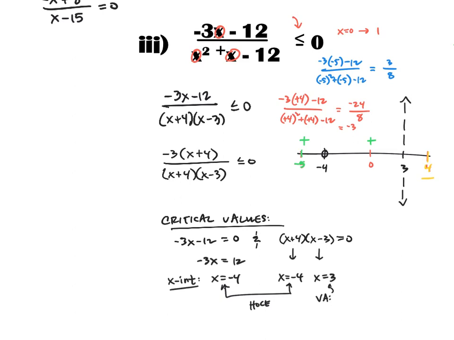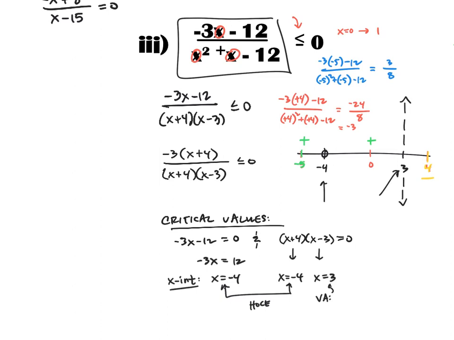Okay, so let's look back at the original. The original question is asking us where this expression is less than or equal to 0. Well, we don't have any x-intercepts. There are no values where it equals 0, so we don't have to worry about that, because the only two places it could have happened had a hole and a vertical asymptote.